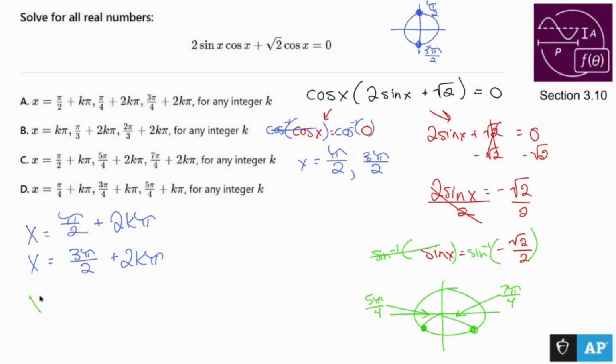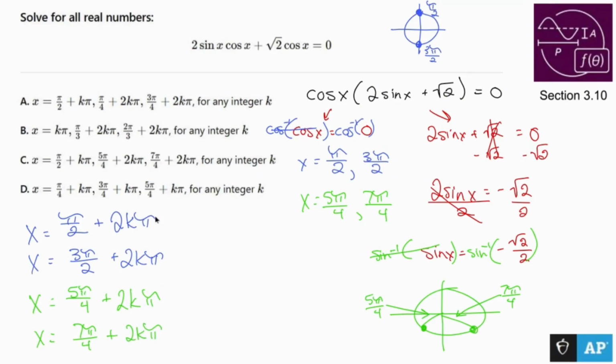So in the same way, we have 2 more x values, 5 pi over 4, 7 pi over 4. And x is going to equal 5 pi over 4 plus 2k pi. And x equals 7 pi over 4 plus 2k pi.